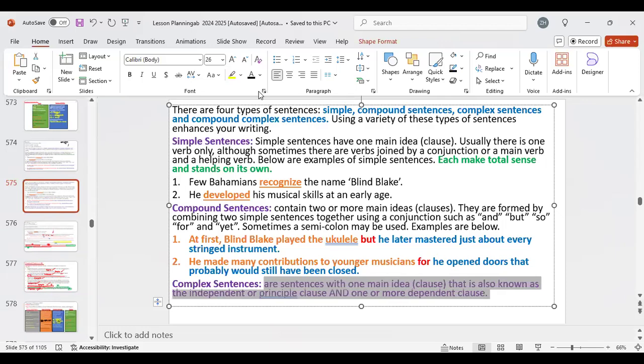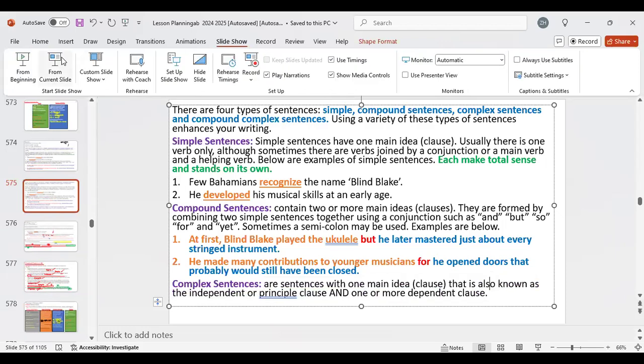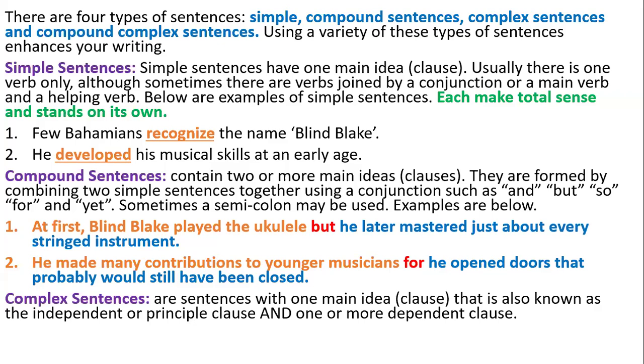Now, what do we mean by dependent clause? A dependent clause is a phrase that can't stand on its own. So a complex sentence has one main idea, which we call the independent clause, and one or more dependent clauses, which can't stand on their own.